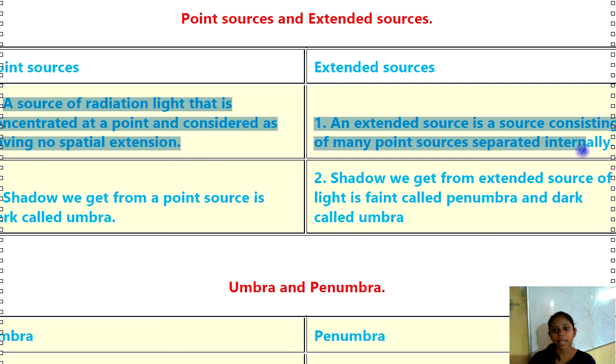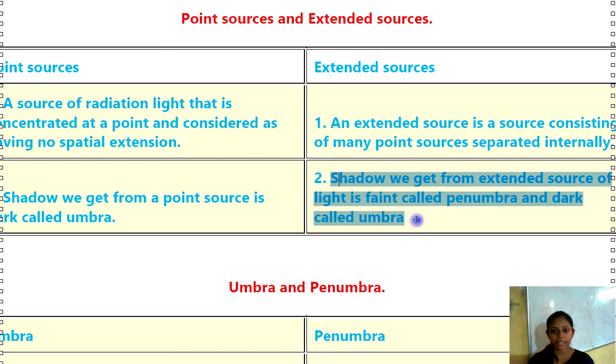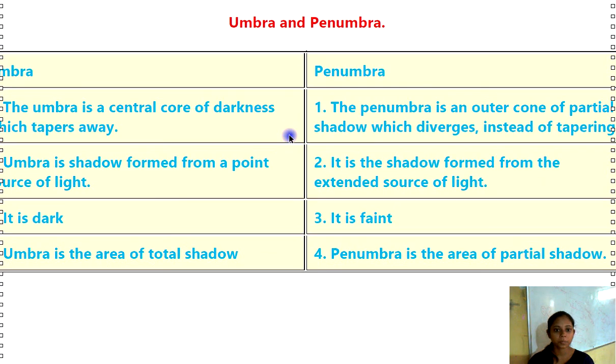Extended sources: an extended source is a source consisting of many point sources separated internally. Second, the shadow we get from a point source is dark, called umbra. The shadow we get from an extended source of light is faint, called penumbra, along with the dark umbra.